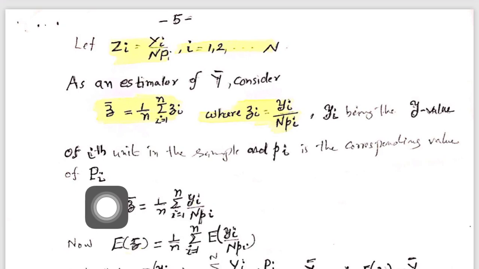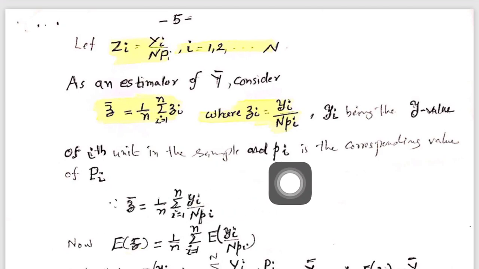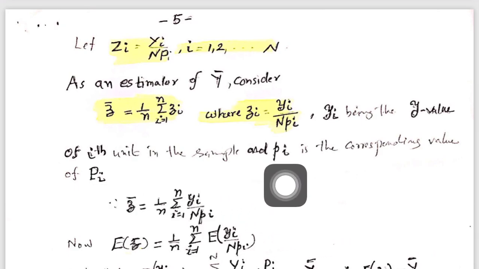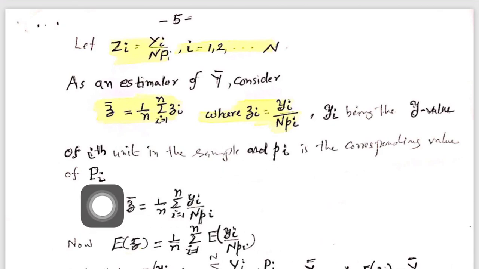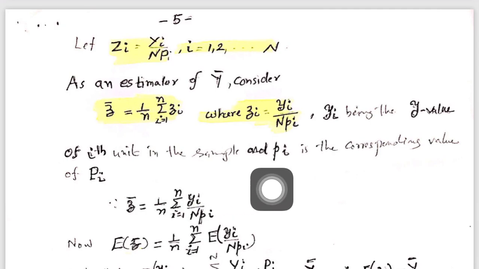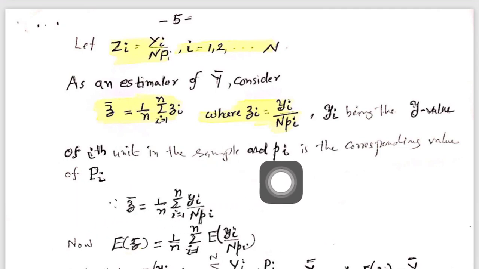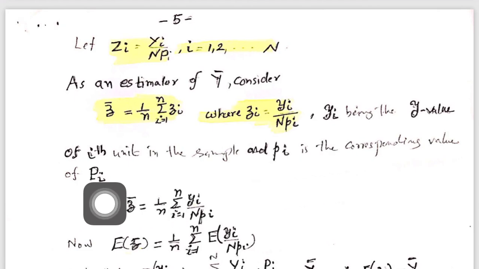You should remember, capital Pi and small pi are not the same. The capital Pi's are the probability that the ith unit in the population is selected, whereas small pi is the probability that the ith unit in the sample is selected at any draw. So this pi will be one of the capital Pi's. You cannot say that small p1 is equal to capital P1.